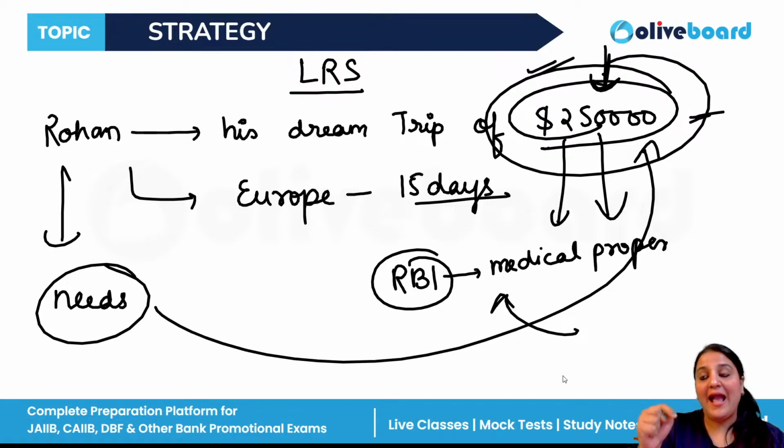Right? And some other activities are also there which are not permitted in the LRS, like gambling. Gambling is not allowed, and sponsorship or subscription of magazines which are banned in India is also not allowed.